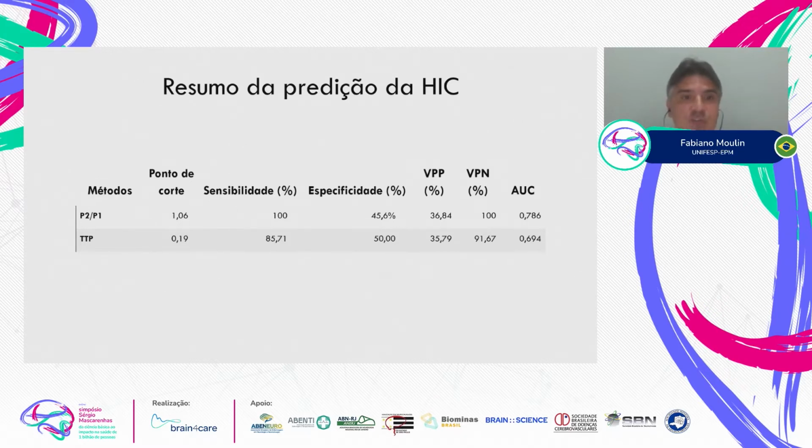Here showing prediction and the results. The cutoff point of P2 over P1 is 1.06, which is perfect in terms of sensitivity and negative predictive value, and time to peak of 0.19 with lower sensitivity, more specific, also confirming with very high negative predictive value.